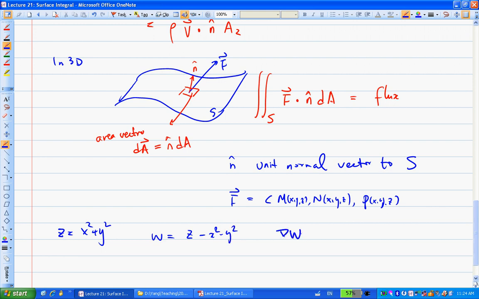Then del w is perpendicular to this surface. So how do I get the unit vector? Exactly, del w over its magnitude. So this n hat is del w over the magnitude of del w.